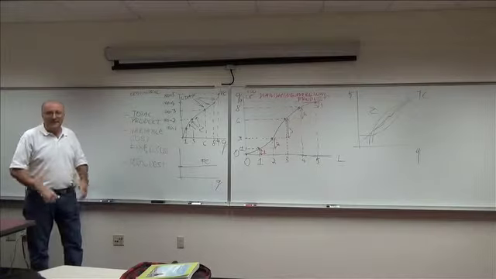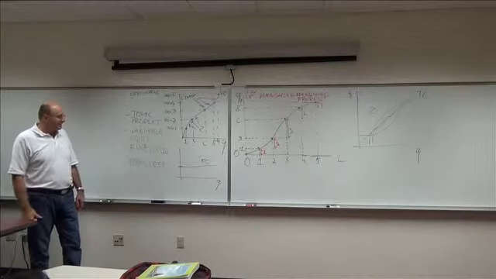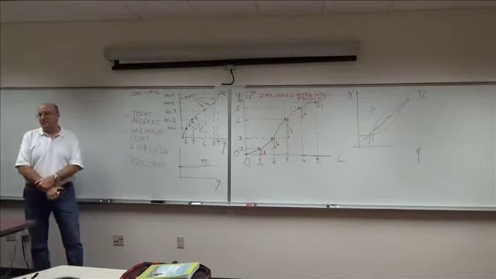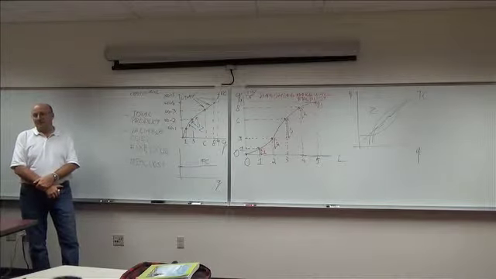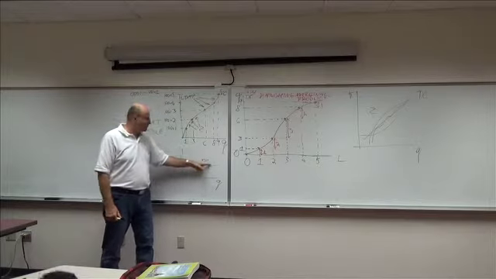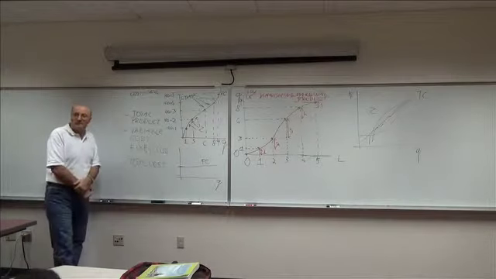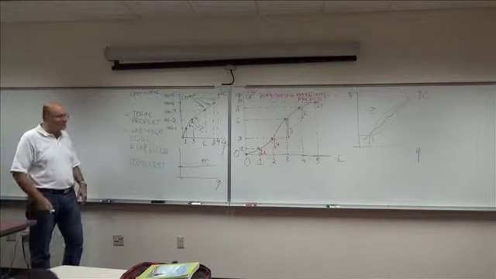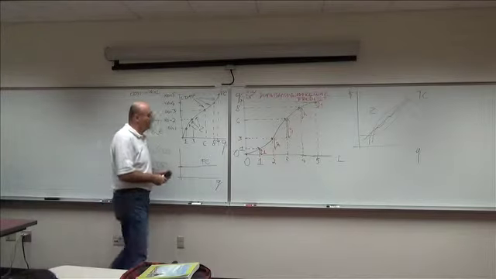Absolutely. What do you then think is total cost? If this is the variable cost of production, this is fixed cost of production, then total cost will be the sum of the two. Absolutely, the sum of the two.